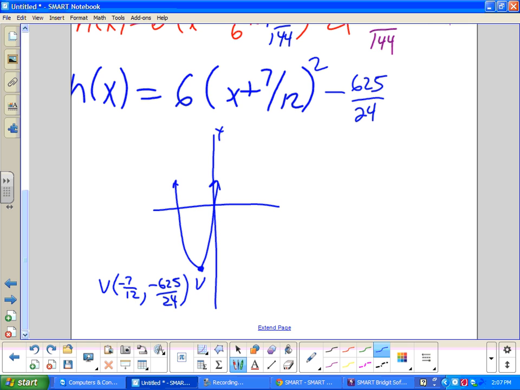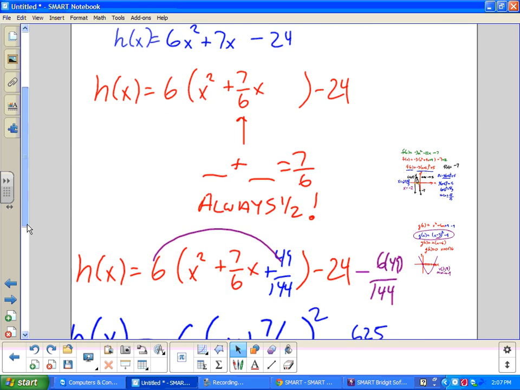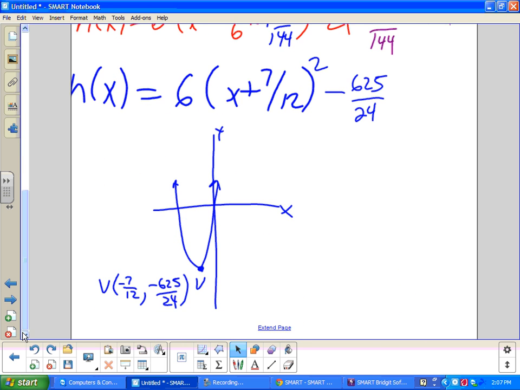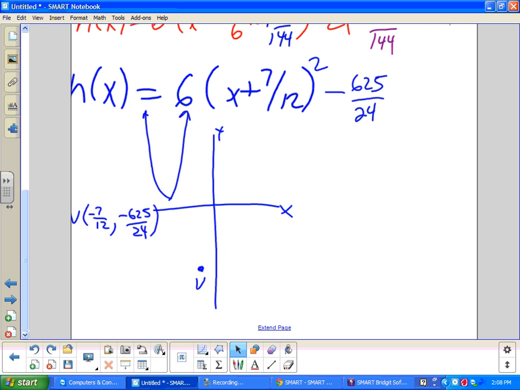If I go to the original problem and plug in 0, if I go back to the top, you guys read, if I plug 0 into h of x, the y-intercept is negative 24. So my graph is horrible. I'm going to fix it a little bit. I'm going to erase that curve and move it back.